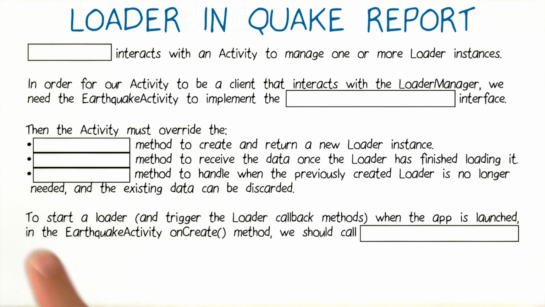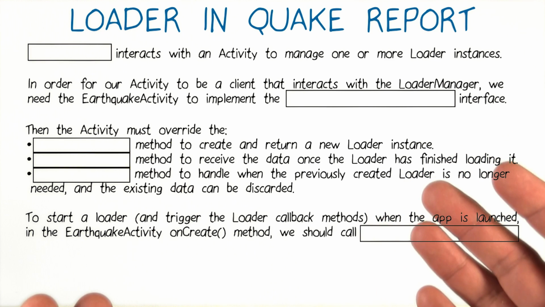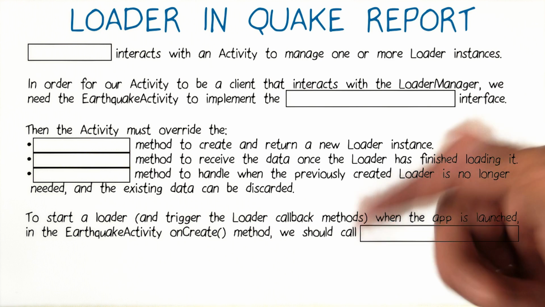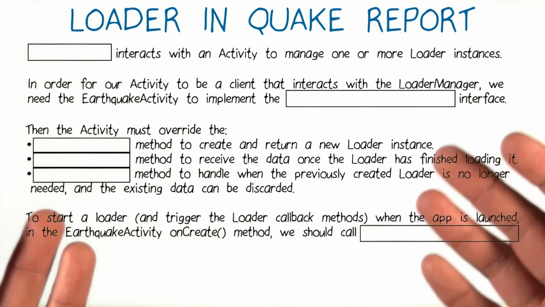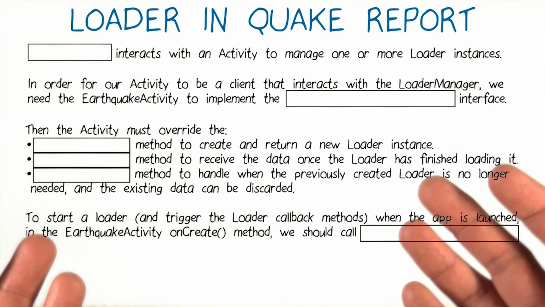And lastly, to start a loader and trigger the loader callback methods when the app is launched, in the earthquake activity onCreate method, we should call what? If you need a hint, I've included possible answer choices that you can pick from in the notes below the quiz. So feel free to reference the documentation links and the loader's developer guide as well.